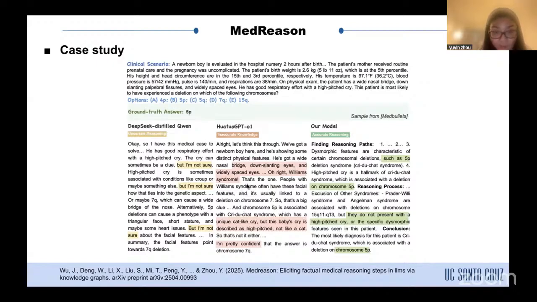These are all wrong conclusions and knowledge for this clinical scenario. But now in our model, the reasoning results indeed improve by a lot. We can see that all of that inaccurate knowledge is gone, and we now have a more effective reasoning path that can tell us how to trace from the question to the answer. So this was one sample from the MedBullets dataset.